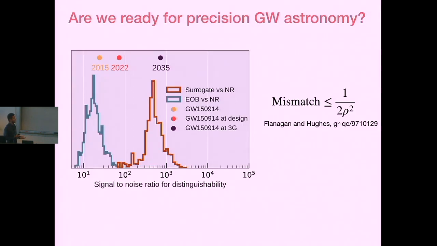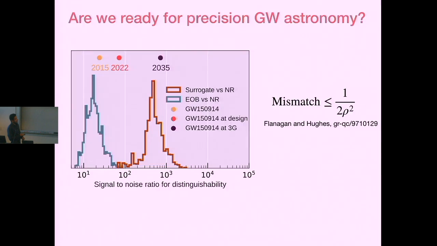So we need to be worried about that. In contrast, the surrogate model is safe until about 2030, let's say. By 2035, we'll have the next generation of gravitational wave detectors, which will be a factor of 10 improvement over design.